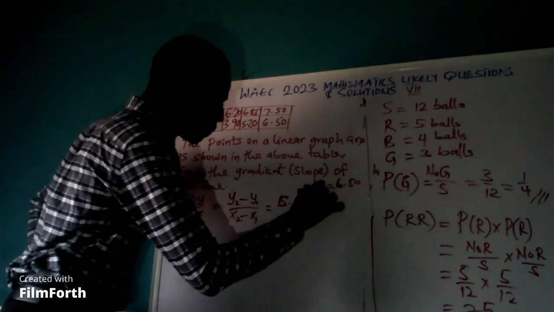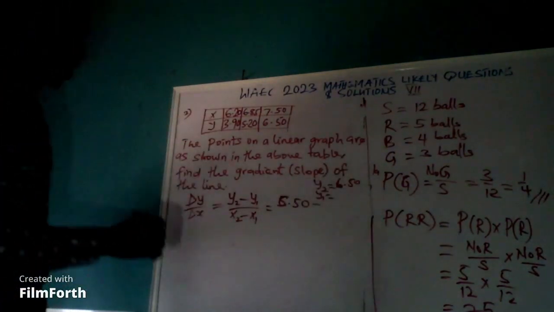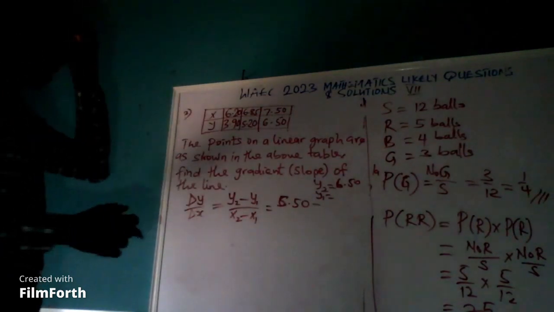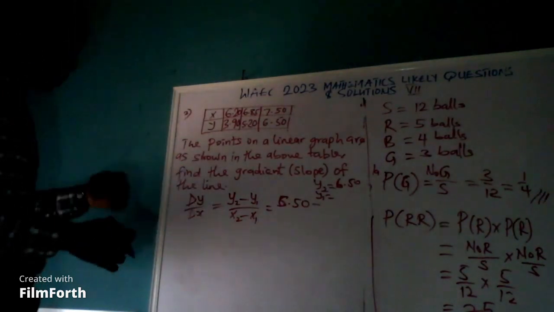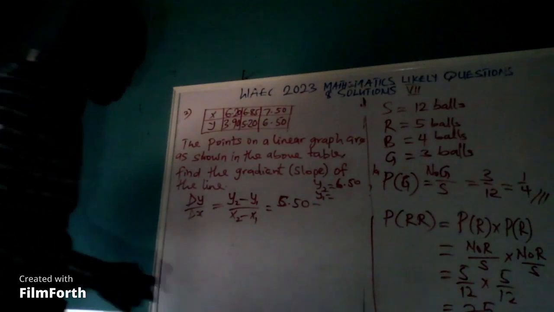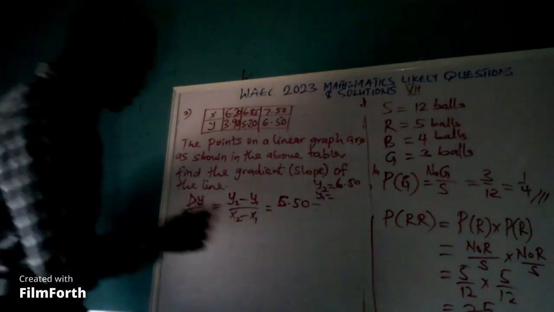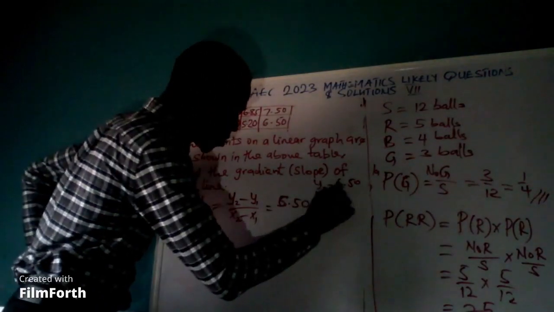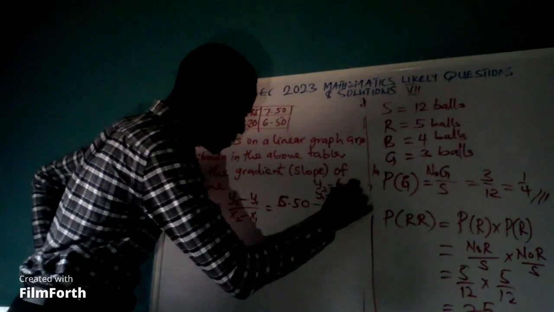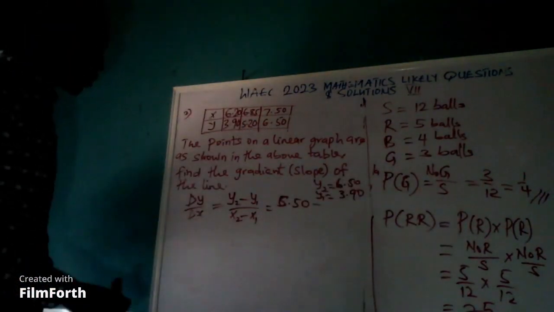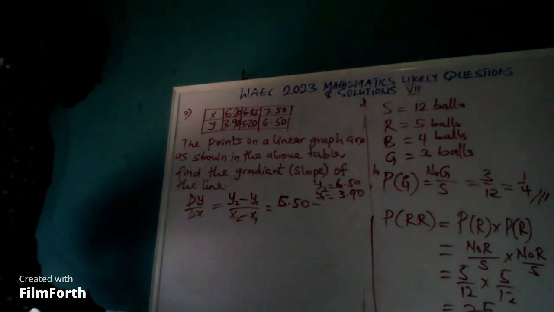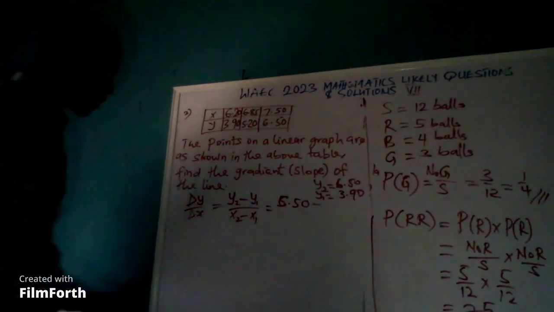And y1 to be equal to, well, what do I choose? Do I choose the value in the third column or in the second column? Let me choose the value in the second column. As for y, we have 3.90. Don't forget the corresponding values of x must also be chosen.